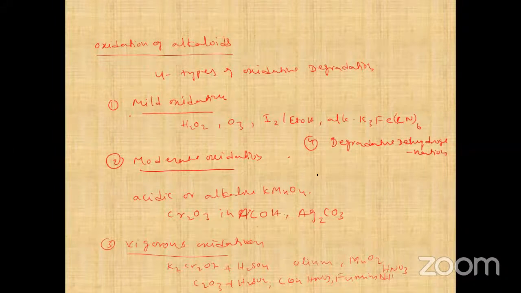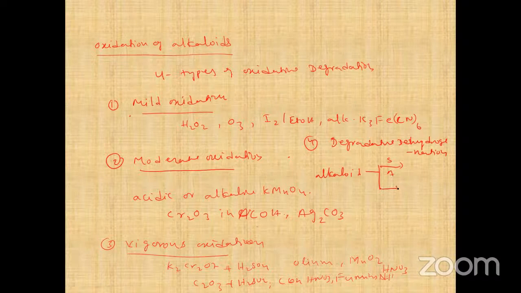Here the alkaloid is treated with different reagents like sulfur, heating with selenium, or heating with bromine. Pyridine, quinoline. Right. Hydrogens are eliminated and heteroaromatic rings will be generated.